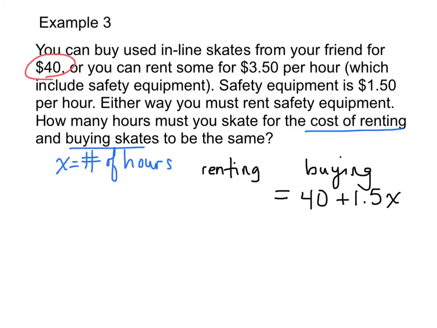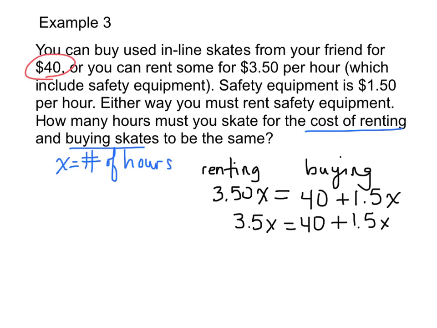How much does it cost to rent? $3.50 per hour. So there's my equation. $3.50 X, or 3.5X, equals 40 plus 1.5X. There are no parentheses, there are no fractions, so we're going to get the variable on one side.